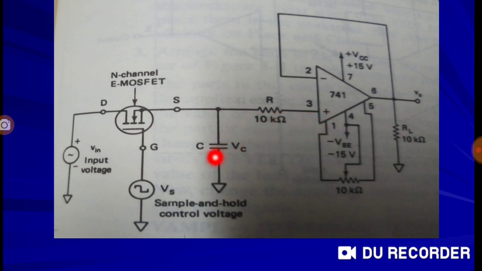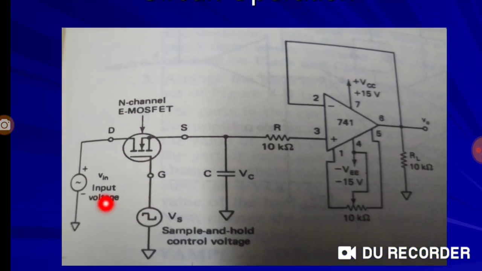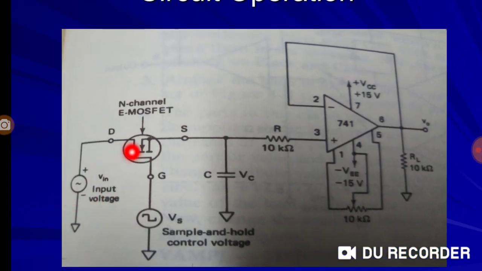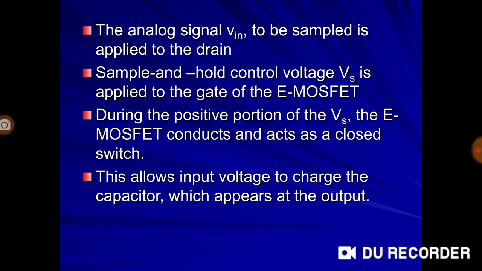So any voltage that is there, the capacitor holds on to that state until the next positive voltage at the control voltage appears. The next time the gate will be conducting, again the instantaneous value of the input signal will come to the drain, will be passed on to the capacitor, and that will again take on the values of the input voltage. So this is the entire action of the sample and hold circuit.